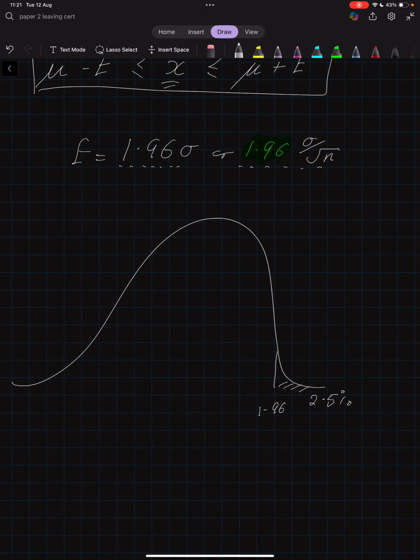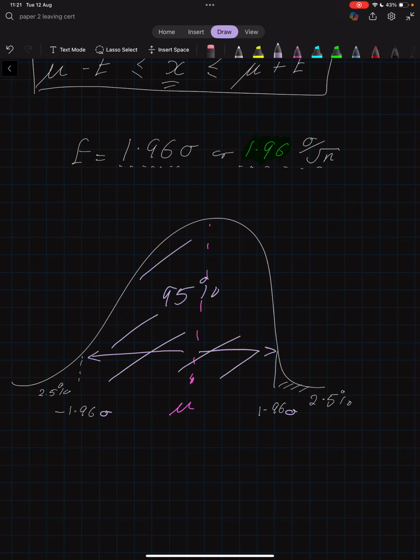If 97.5 is to the left, then only 2.5% is to the right. The same thing with minus 1.96, that will give you 2.5% here. So basically, if you go to the mean, which is here, and you go left and right 1.96 sigma, then you have 95% of the data encapsulated in here. Okay, so that's why it's 1.96. All right.